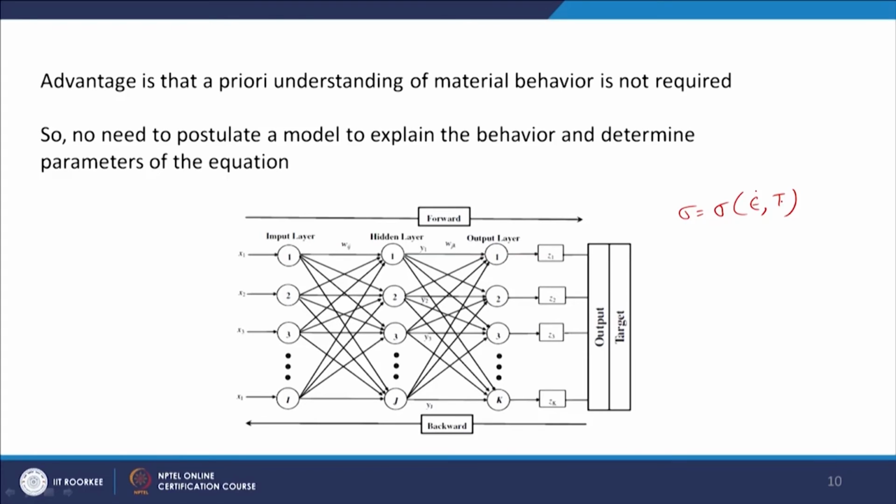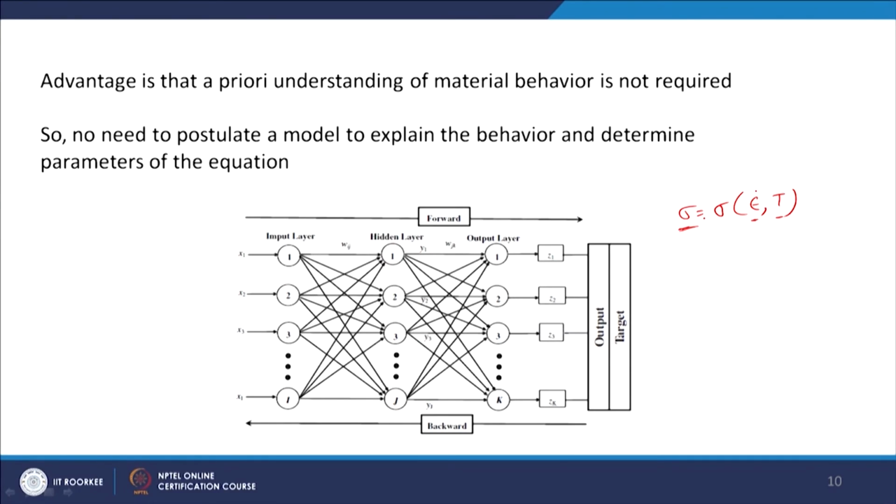What we are doing is inputting, for example, in our case, if it is a steady state condition, my strain will not come into the picture. So, I am inputting the stress at different strain rate and temperature. So, strain rate and temperature is your input, and the output is your flow stress.